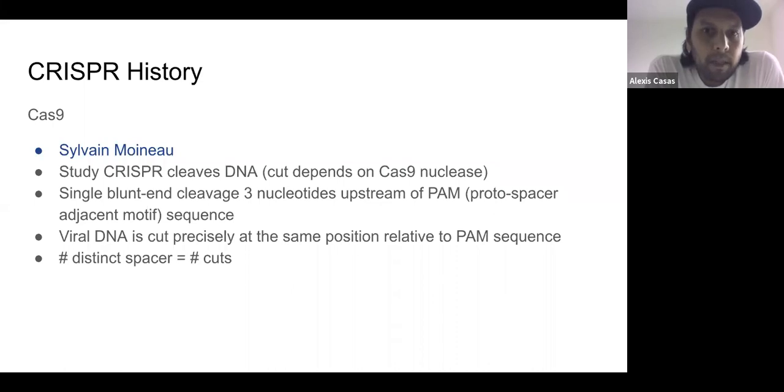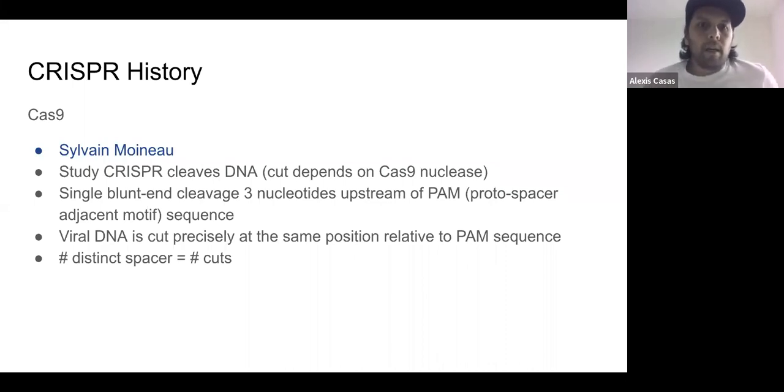If the cut happens, you want to know why it cuts on the viral DNA, but not on the CRISPR sequence in the bacteria itself. And this is only possible because you have the blunt cut and something called the PAM sequence, which stands for the protospacer adjacent motif, which Alicia is going to talk about later.